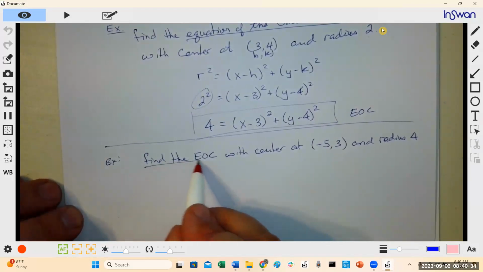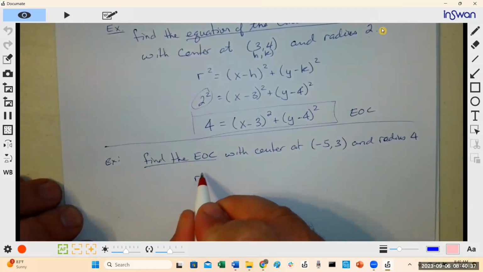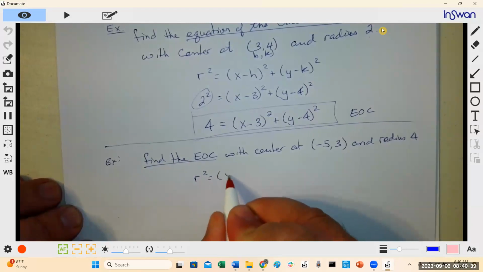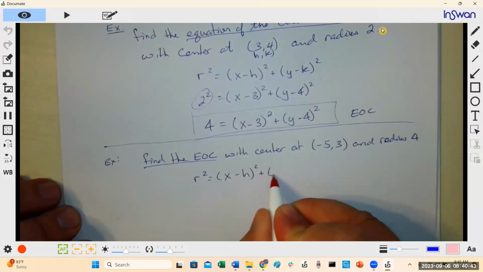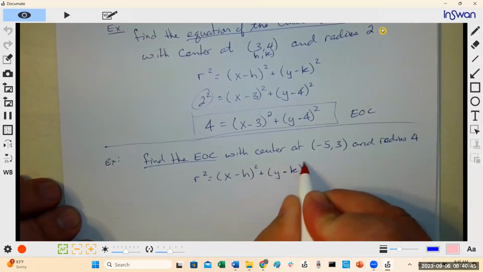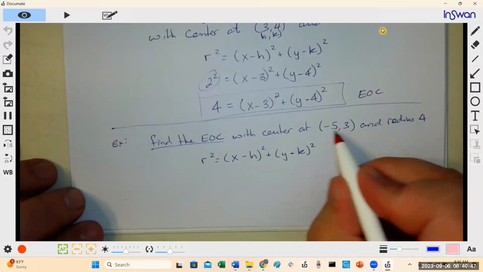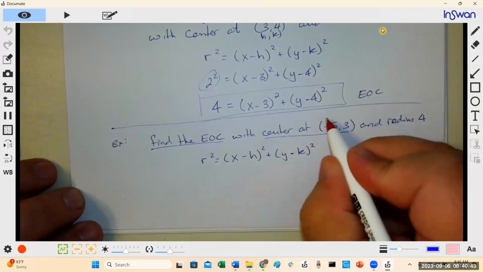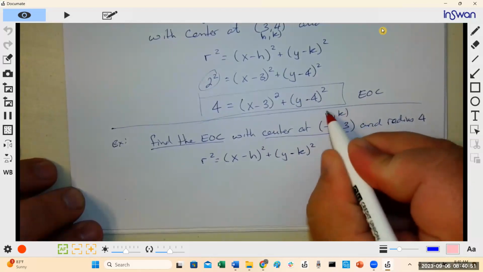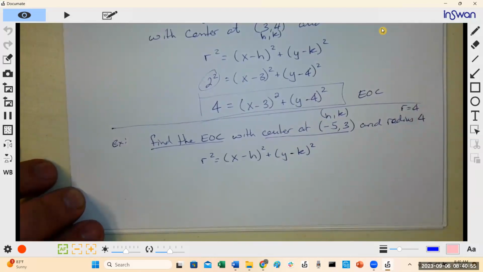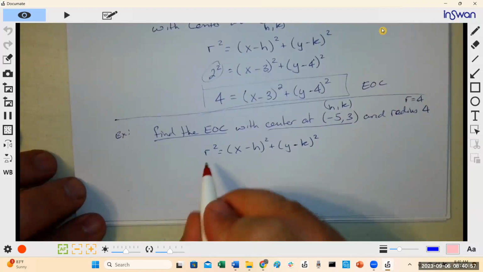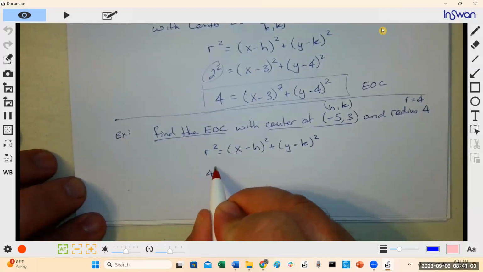You're asked to find the equation of the circle. So that formula, (x minus h) squared, (y minus k) squared. Since this is the center, that's h and that's k. The radius equals 4. So r is 4.